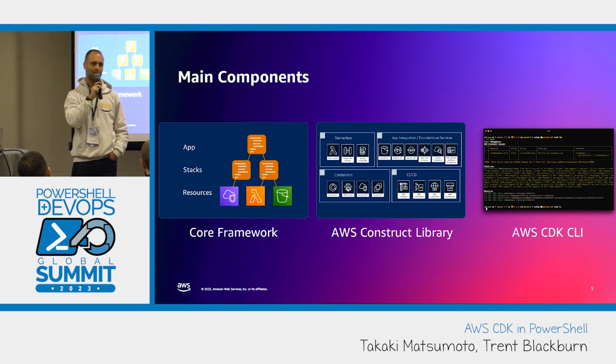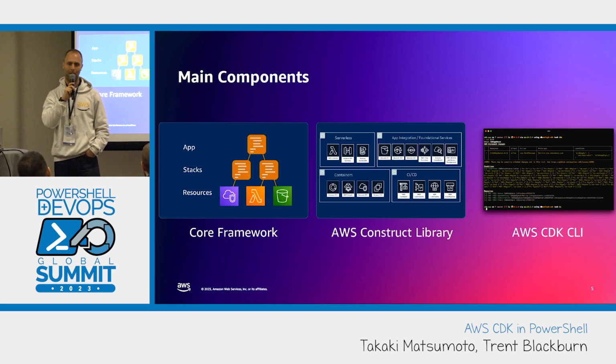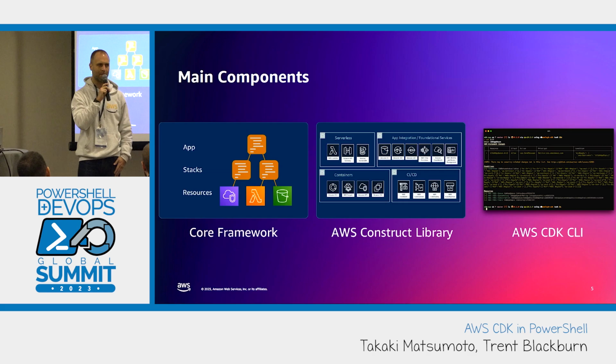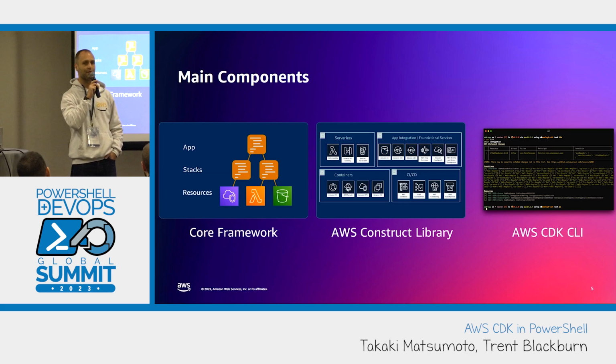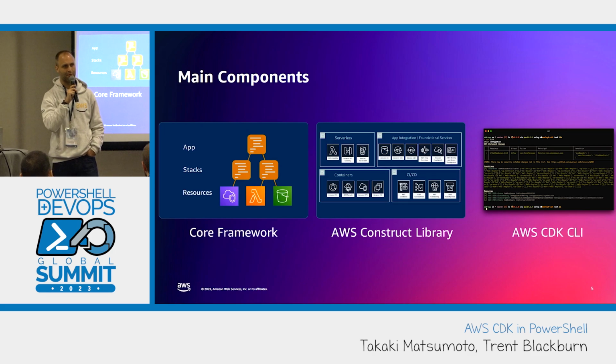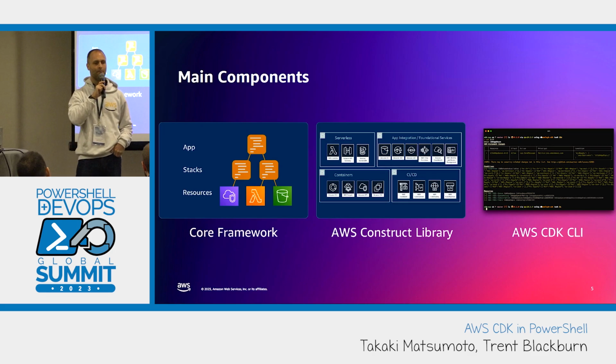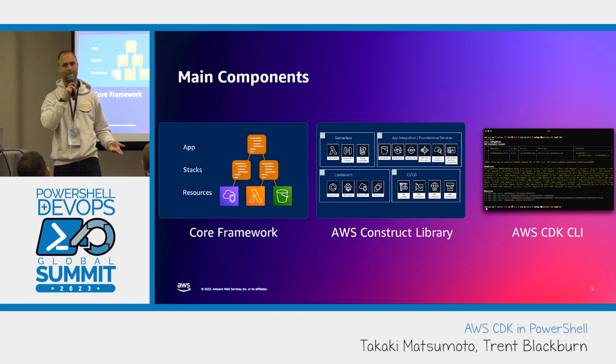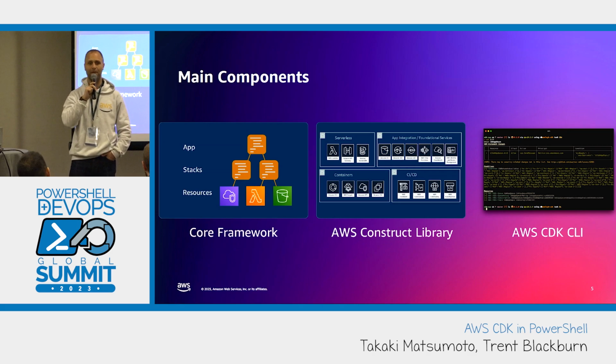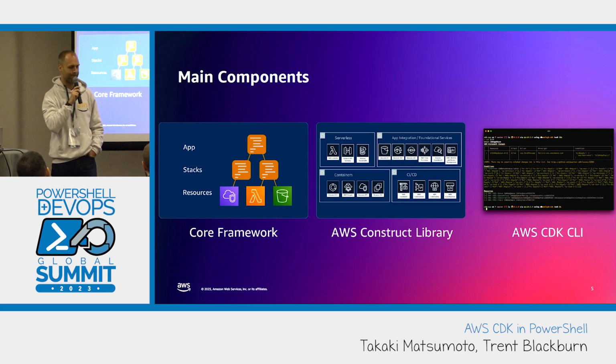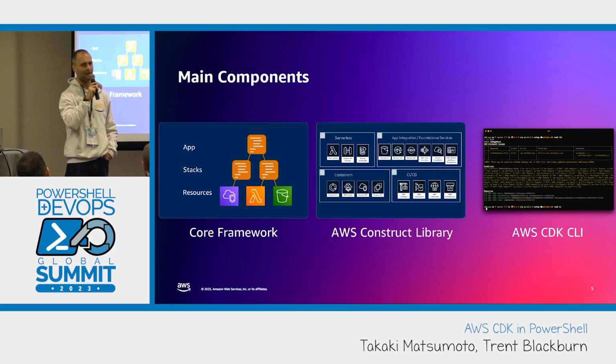So instead of explicitly defining every single property associated with a particular resource type, like an EC2 instance or an S3 bucket, you can just tell CDK in code to create that resource, and then it will choose sane defaults for most everything. You can specify values if you like, but that's the benefit of CDK.